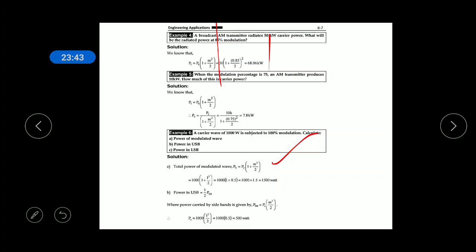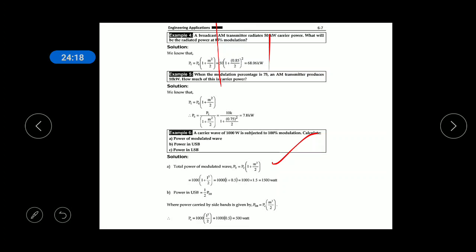And power in upper sideband. As you know, power in sidebands is equal to PC into M square by 2. Total sideband power divided by 2 gives the power in upper sideband. First we need to calculate total sideband power, that is PSB. PSB is equal to PC into M square by 2.